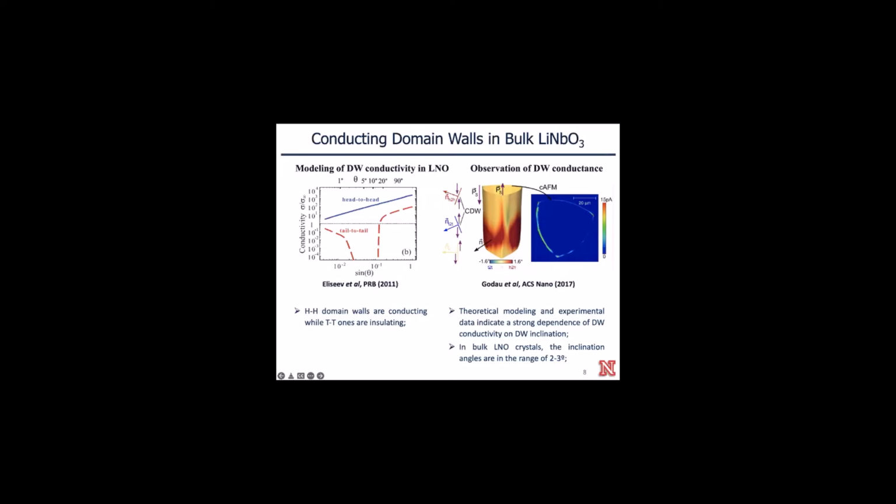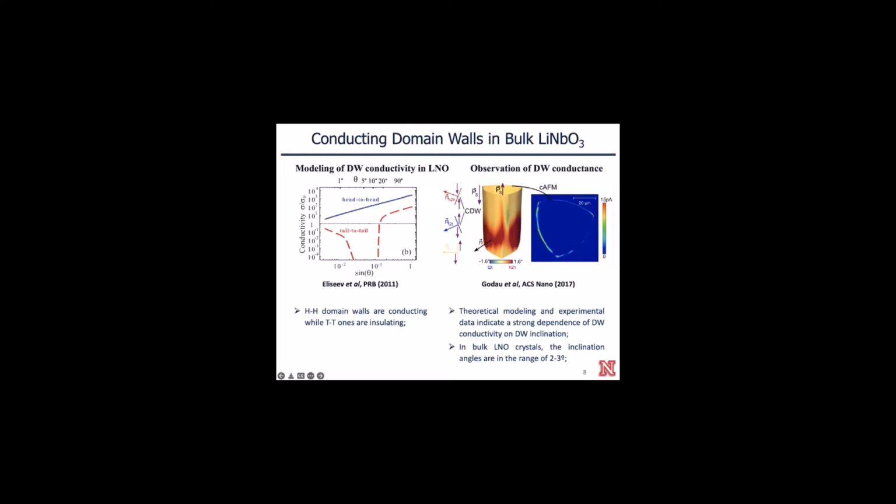Several reports gave ample evidence that only head-to-head domain walls are actually conducting. This has been demonstrated by means of a scanning probe microscopy technique, conducting AFM. You can see this bright line that corresponds to the higher conducting regions coinciding with the position of the domain walls.